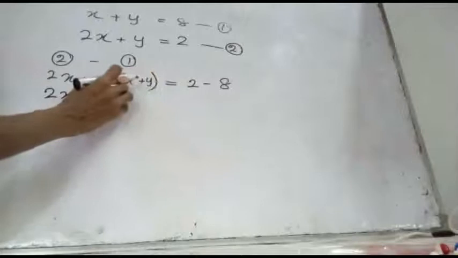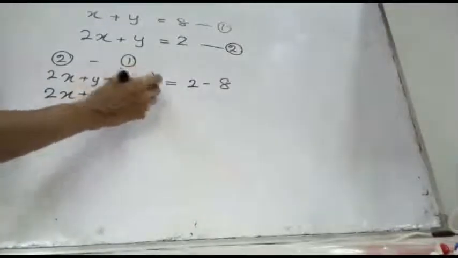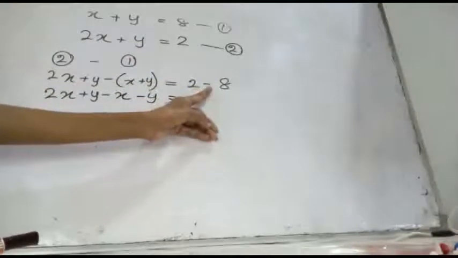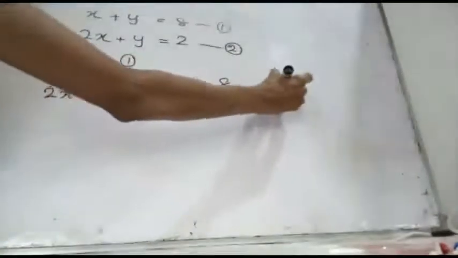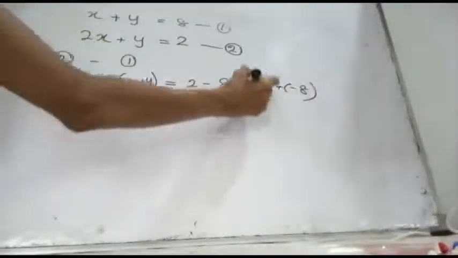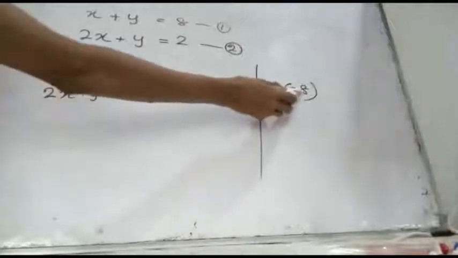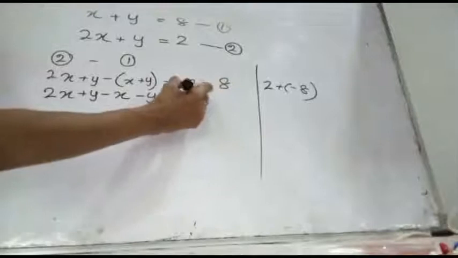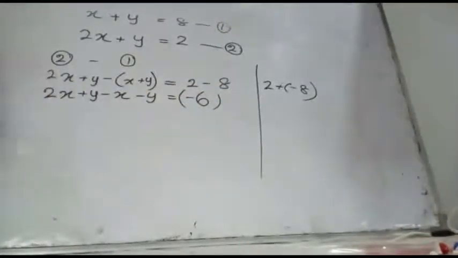We change the signs of the terms in brackets. Subtract x, subtract y. Here is negative 8. We can also write it as 2 plus negative 8. 2 subtract 8 is equal to negative 6. The sign is negative. We write negative numbers within brackets.